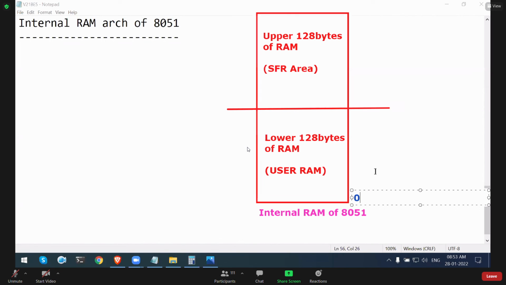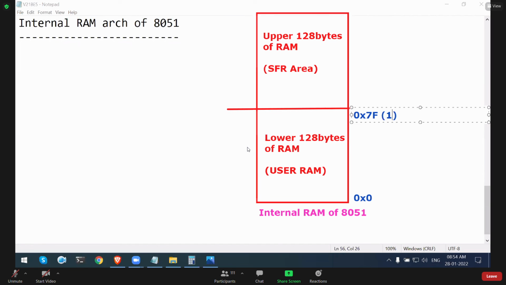The starting address of the user RAM is 0, and it is 128 bytes, so 0 to 127. Hexadecimal of 127 is 7F.